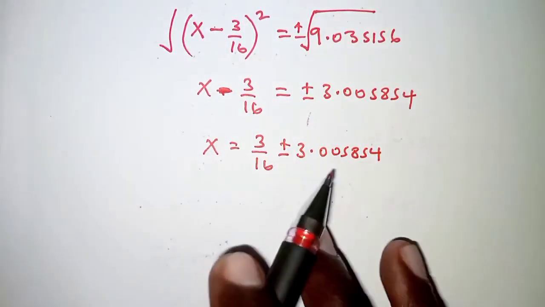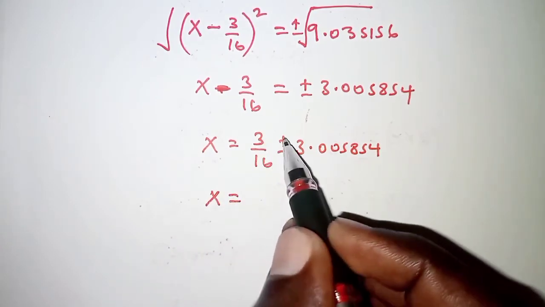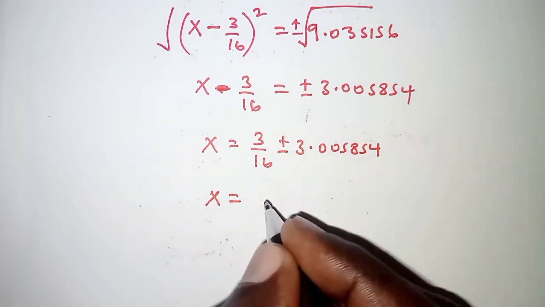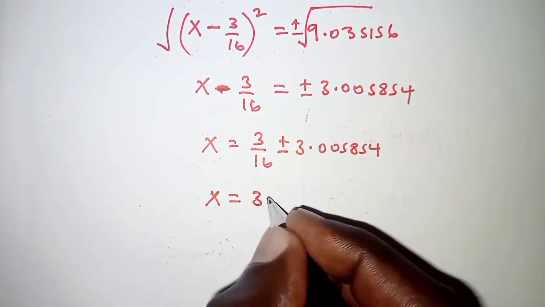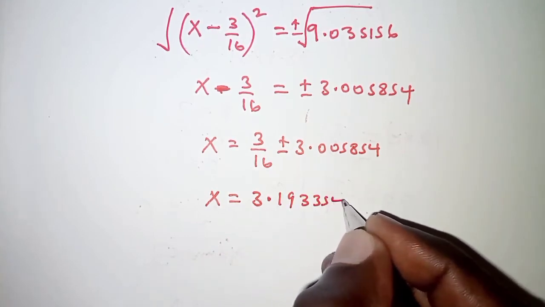And when I work out this from my calculator, the first value of x is 3/16 plus 3.005854. I get it as 3.193354.